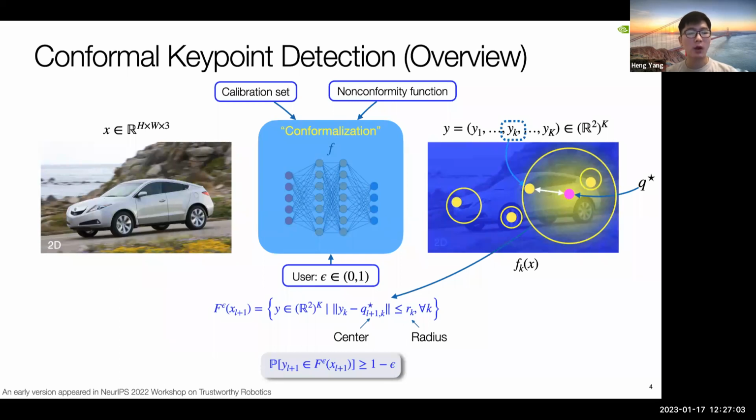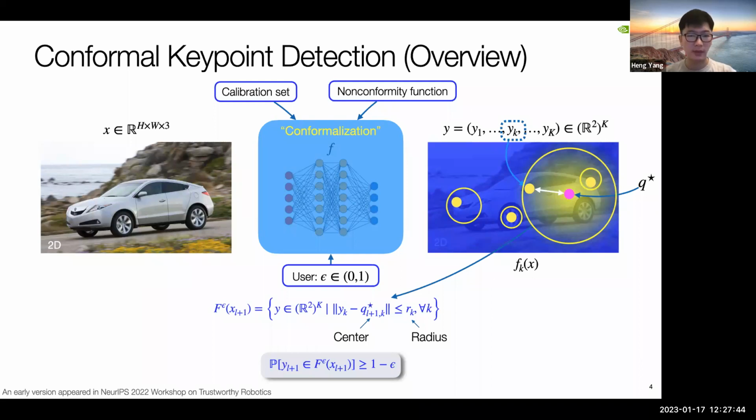What I mean by on average here is that this probability is, of course, over the randomness of the calibration sets. One can imagine that if you choose different calibration sets, then your empirical coverage will vary. If you use some calibration set and some non-conformity function, you get these prediction sets, and you evaluate them on some test data set, you'll get some empirical coverage. That empirical coverage will vary between different calibration sets. But there is a theory saying that the empirical coverage will not deviate too far from 1 minus epsilon.